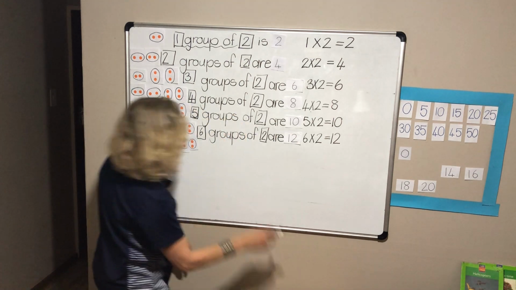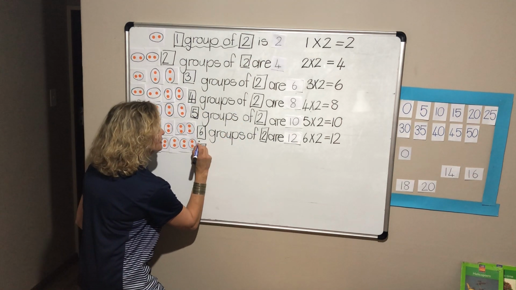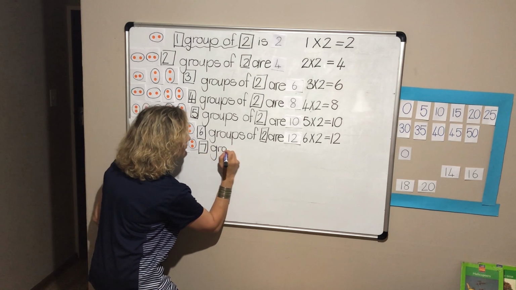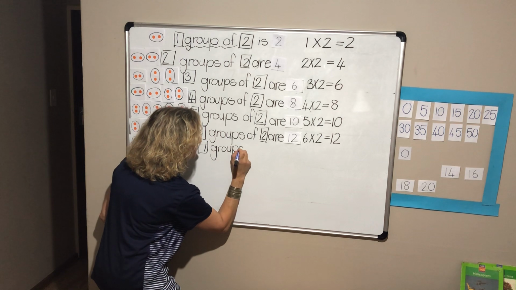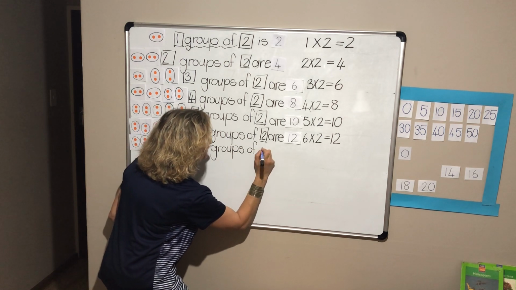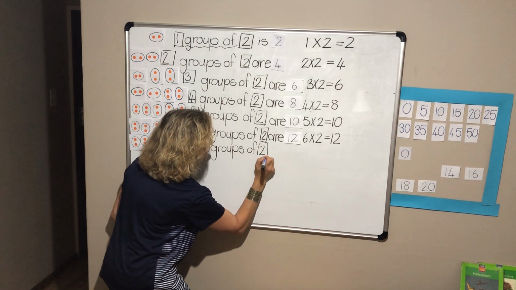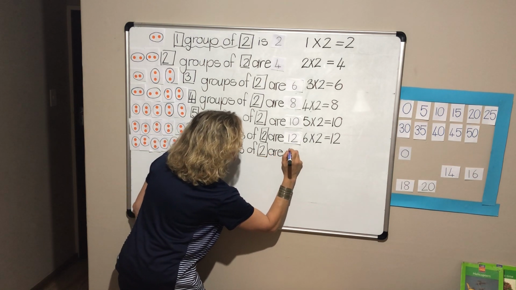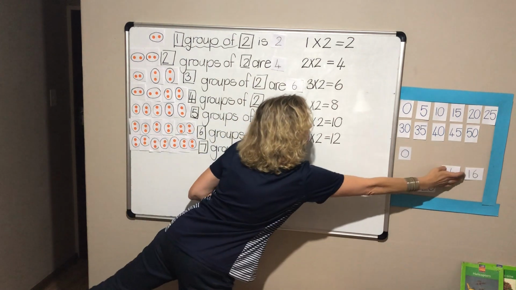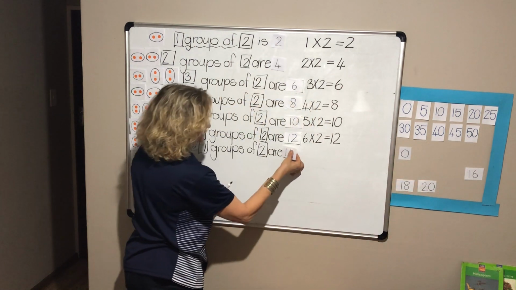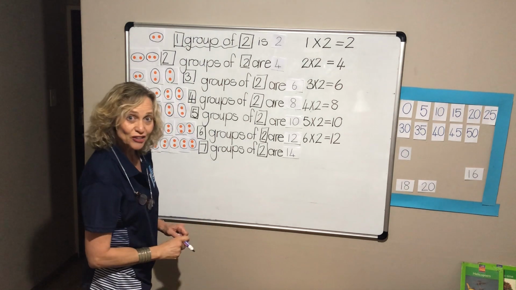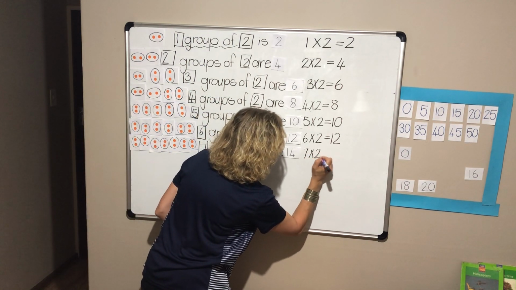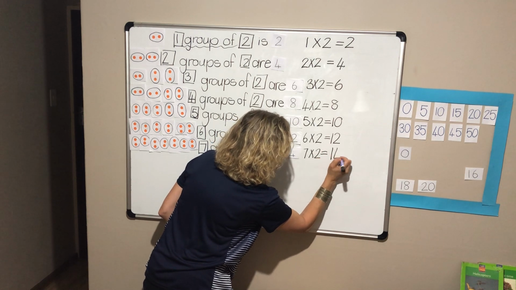Yes. 7 groups of 2. 7 groups of 2 are, oh, let's go and get it. There we go. It would be the next number we would have counted in. 14. 7 times 2 equals 14.